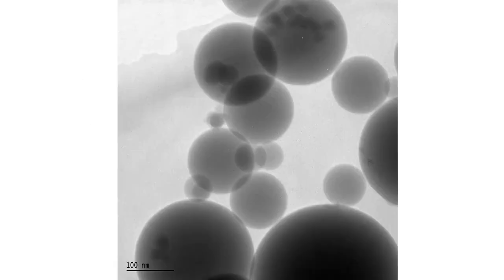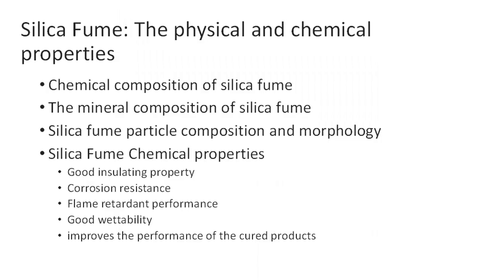The carbon content in silica fume is minimal, not exceeding 2%, and its burn loss is typically between 1.5 and 3%. Silica fume has a specific gravity of 2.2 to 2.3, indicating its relative density.